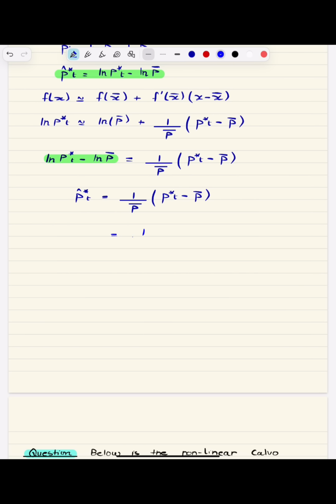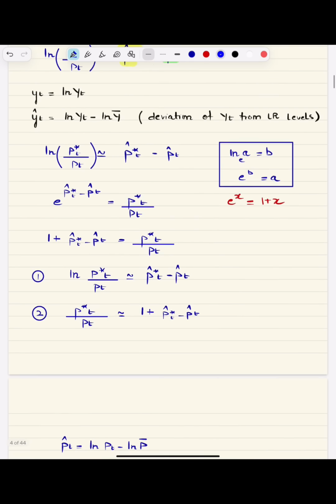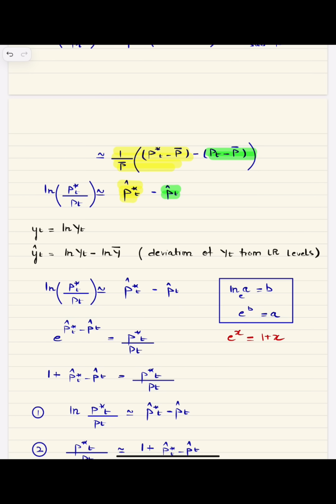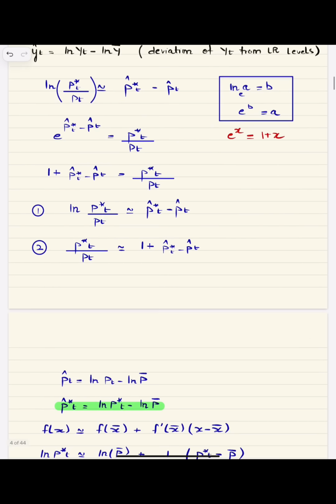If I have 1 over p bar and we have pt minus p bar, then it's just going to be p hat t, right? So that's why I was able to replace those two expressions. Don't get confused that there aren't any logs over here, so why did I put a hat over here? Because technically in order to show change we need logs, but I used the linear approximation once again to be able to write that. Okay, now you can take a 5 minute break.